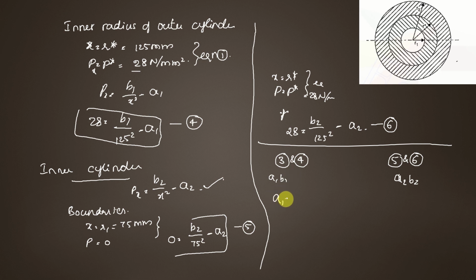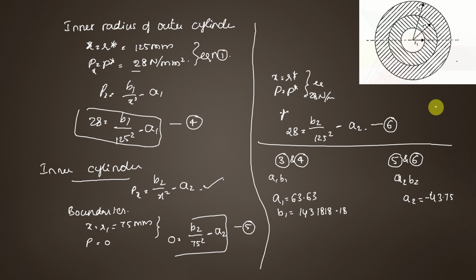So a1 value we have 63.63 and b1 value we have 143181.18, and a2 value you have to get as minus 43.75.